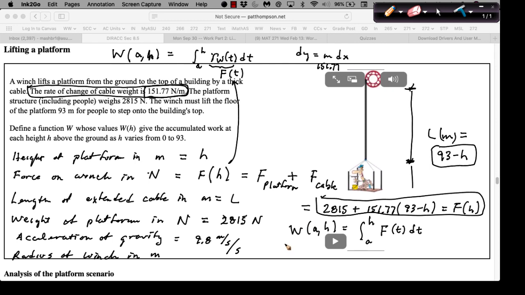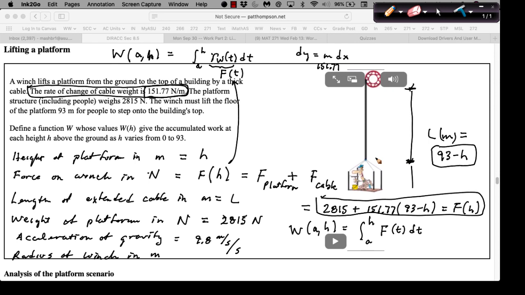So how would I get the total work that the winch exerts to lift the platform the last half and also the whole way?